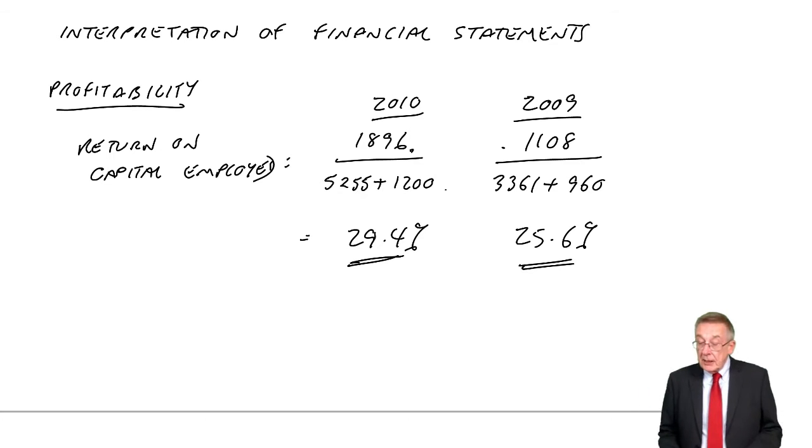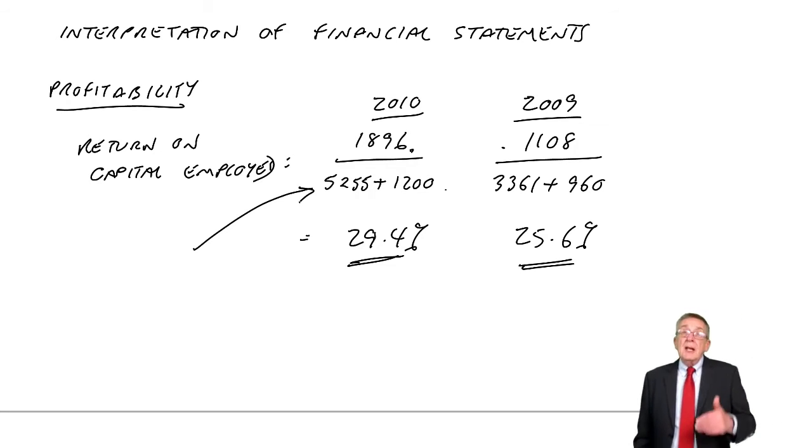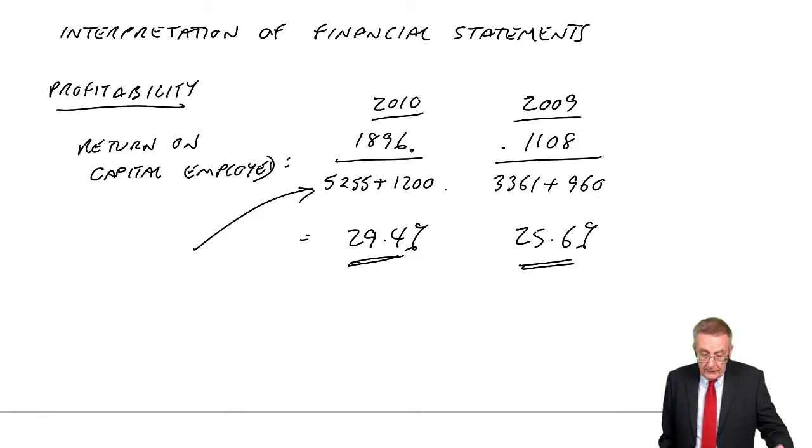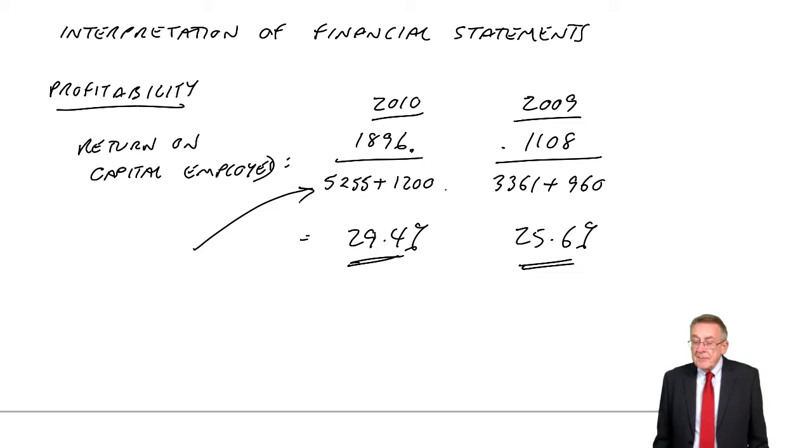The total long-term capital, depending on the information you're given, is the money from shareholders, share capital and reserves, plus the long-term borrowings.